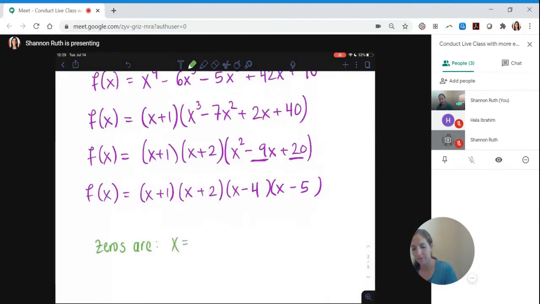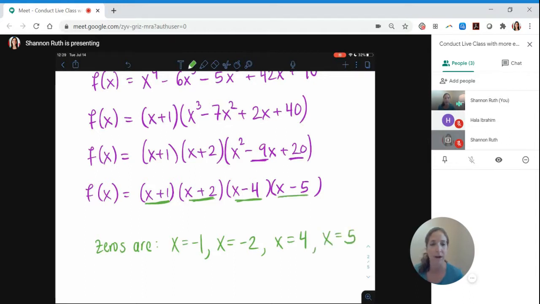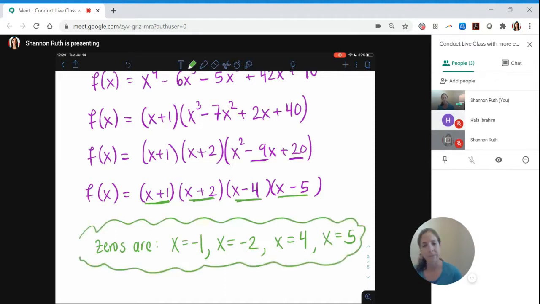I see a -1 from this first factor. I see a -2 from this second factor. Those are the 2 we found through synthetic division. And then we just found x equals 4 and x equals 5 by breaking down the remaining quadratic factor. So we did expect to get 4 zeros, and these are the 4.